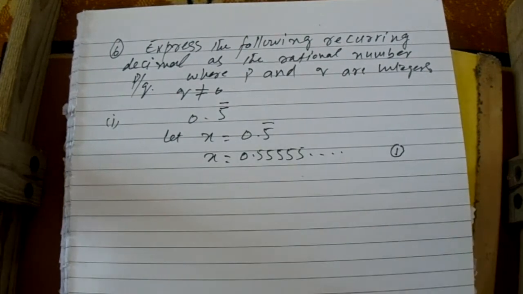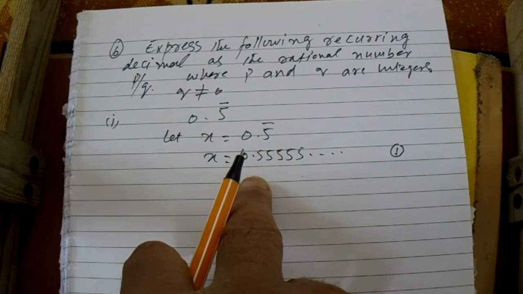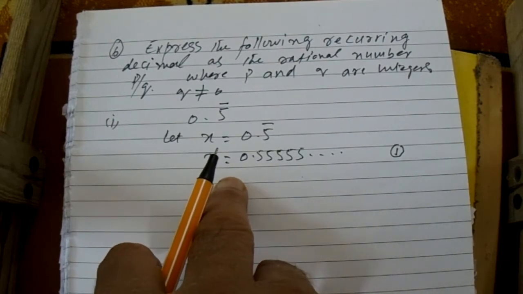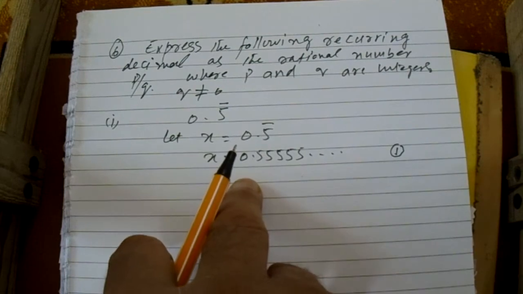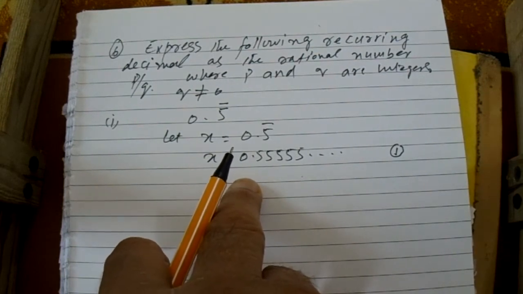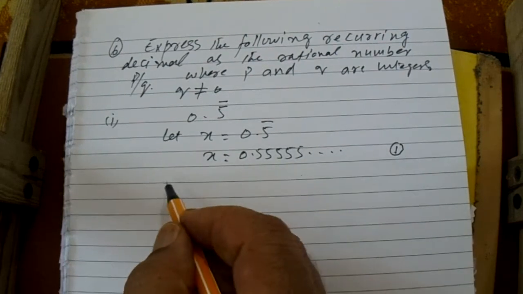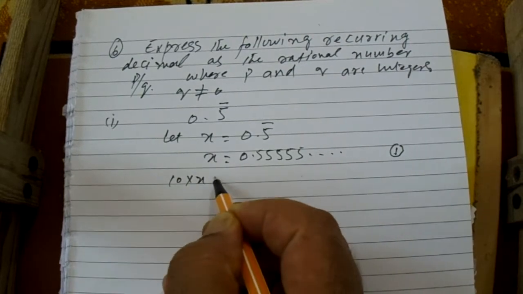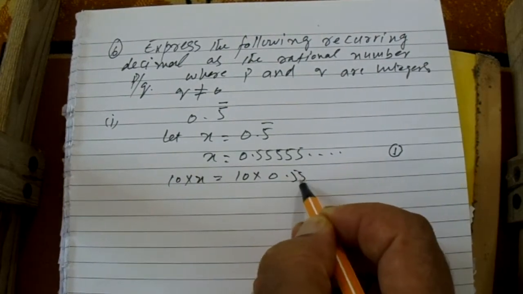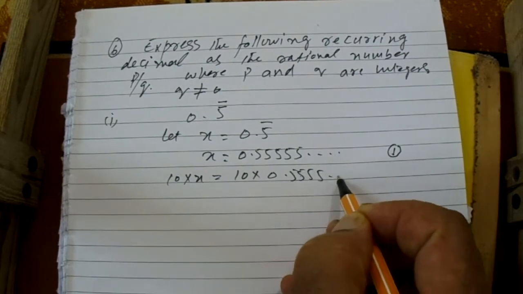Now here we see that only one digit is repeating again and again, so we multiply both sides by 10. If one digit is repeating again and again, you multiply by 10 on both sides. Let 10 multiplied by x is equal to 10 multiplied by 0.5555 and so on.